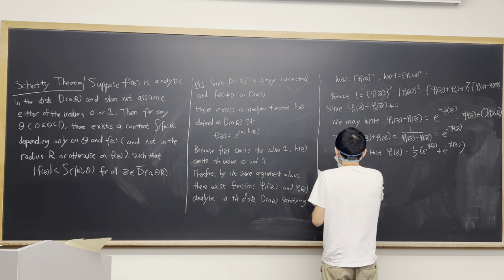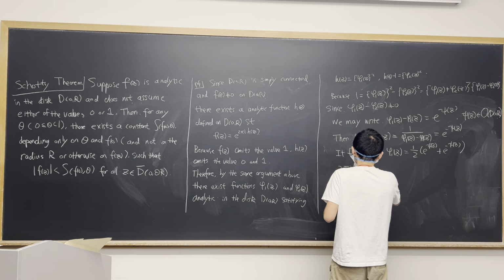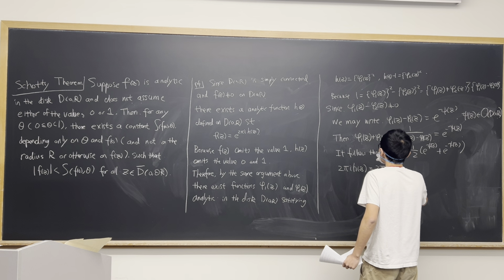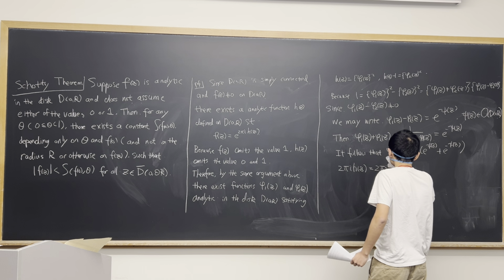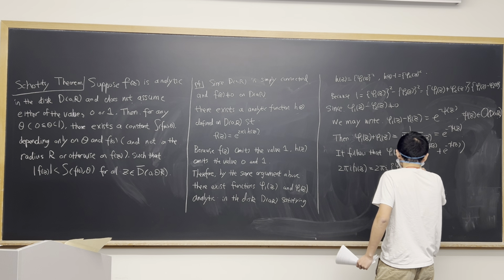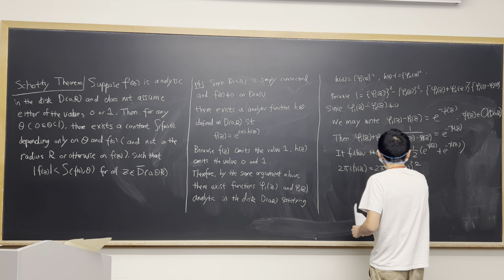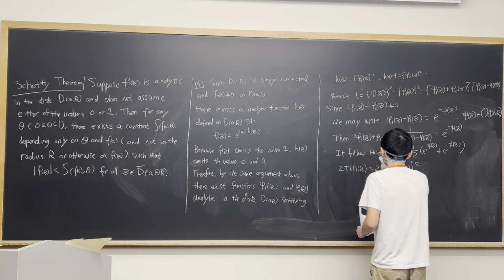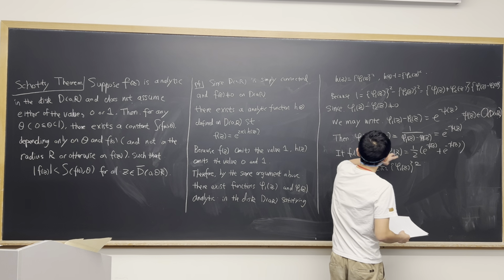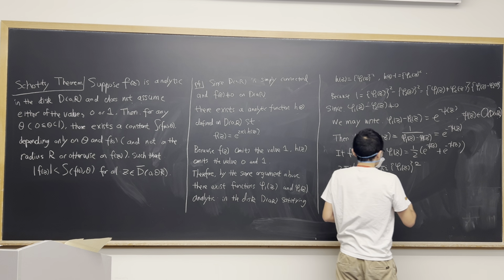So here we have this 2 pi I h d, which is equal to 2 pi I phi 1z squared, which is equal to, what is phi 1? So this guy squared, right?